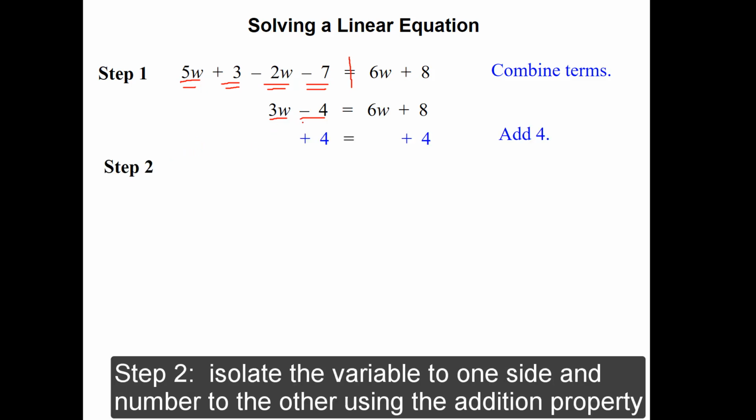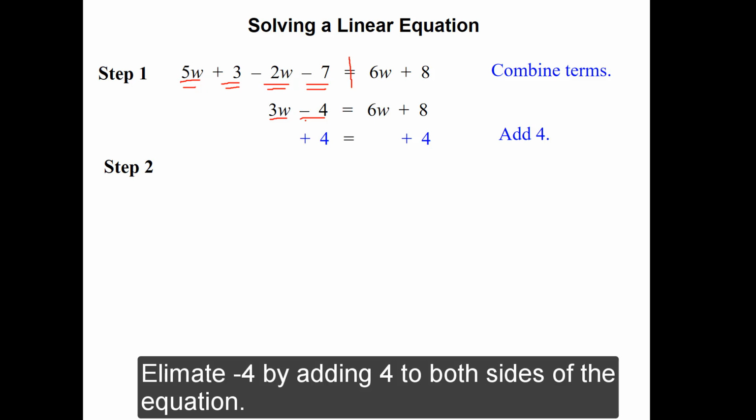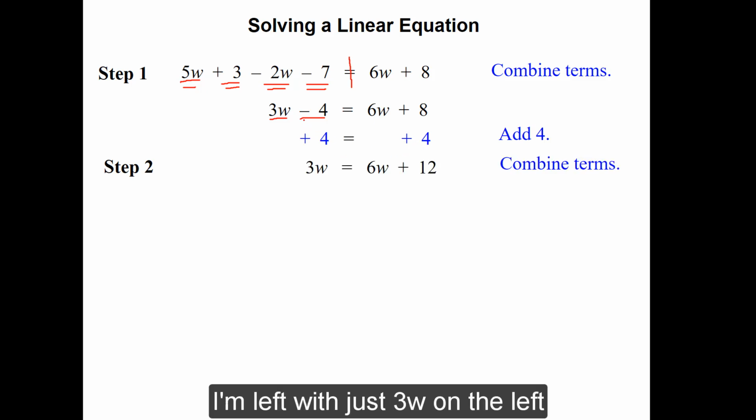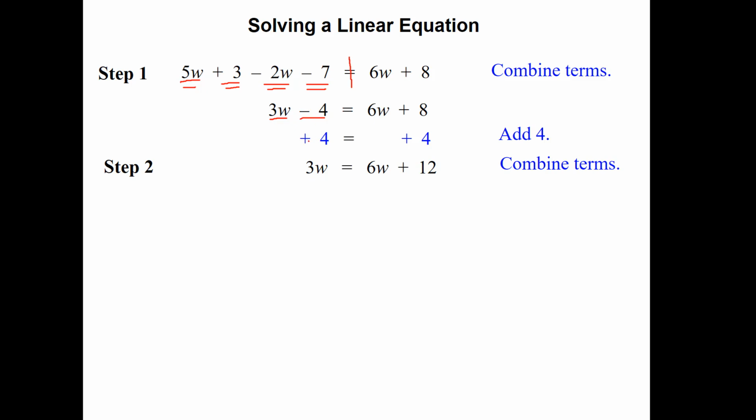Then we proceed as we did previously. On to step 2, we want to isolate the variable to one side and numbers to the other using the addition property. So I will go ahead and eliminate the negative 4 by adding 4 to both sides of the equation. When I do that, I'm left with just the 3W on the left, because minus 4 plus 4 is 0.